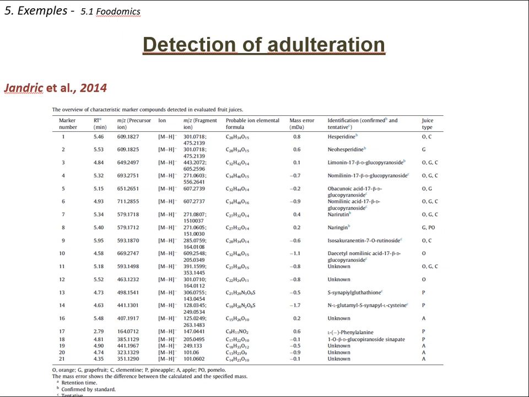So they made MS/MS to find fragments of these parent ions, and so they could calculate a probable putative elemental formula. They give here the mass error and the putative identification. So different types of compound that you may find in orange juice or clementine juice or grape juice, like naringin, hesperidin, etc.